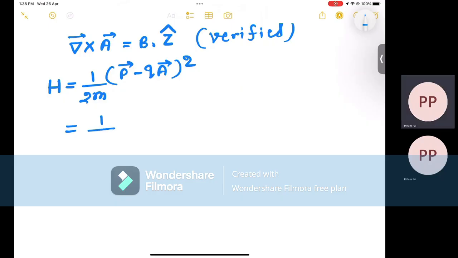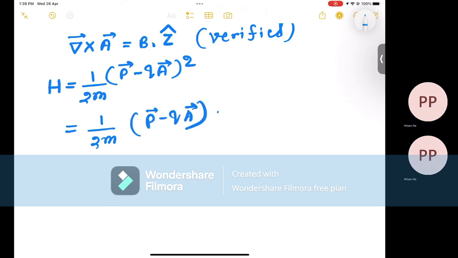So this is the vector, and you can simply write it this way: (p minus qA) dot (p minus qA).